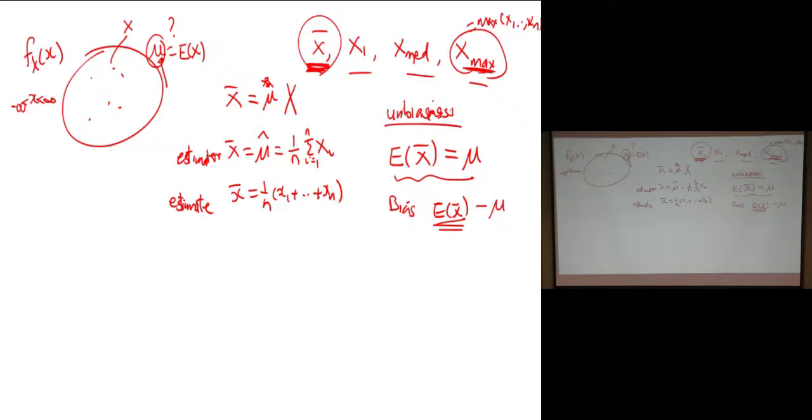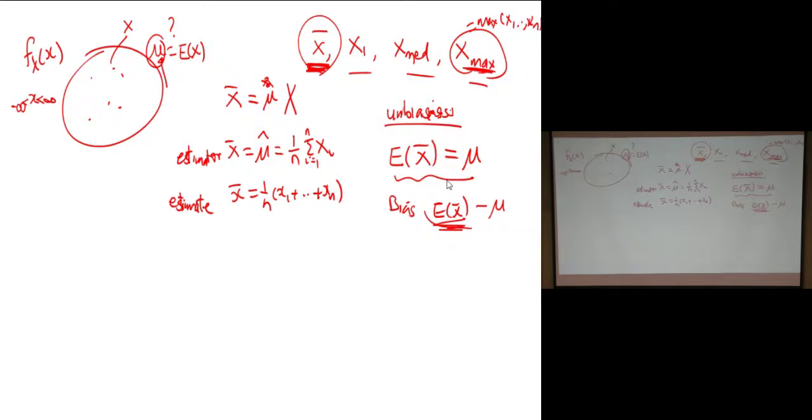Now I propose to use x bar to estimate mu. In the long run, we expect x bar, the average of all the sample means, to be very close to mu or equal to mu. Then it is unbiased.